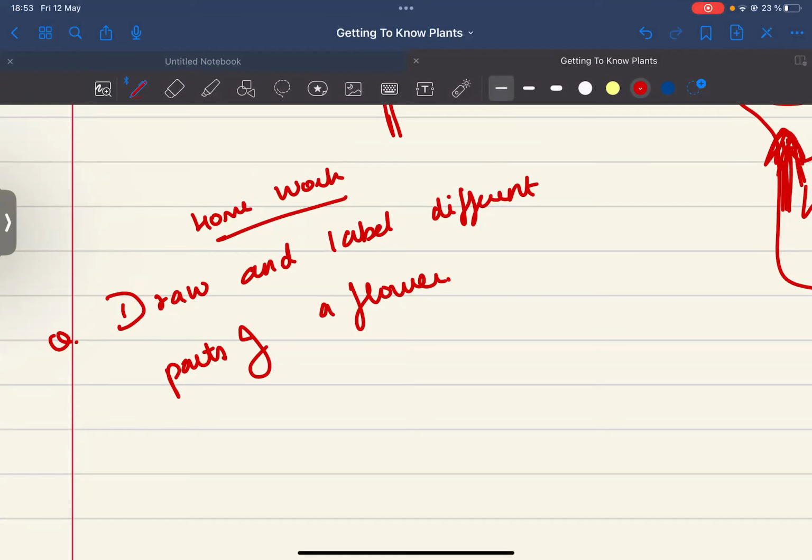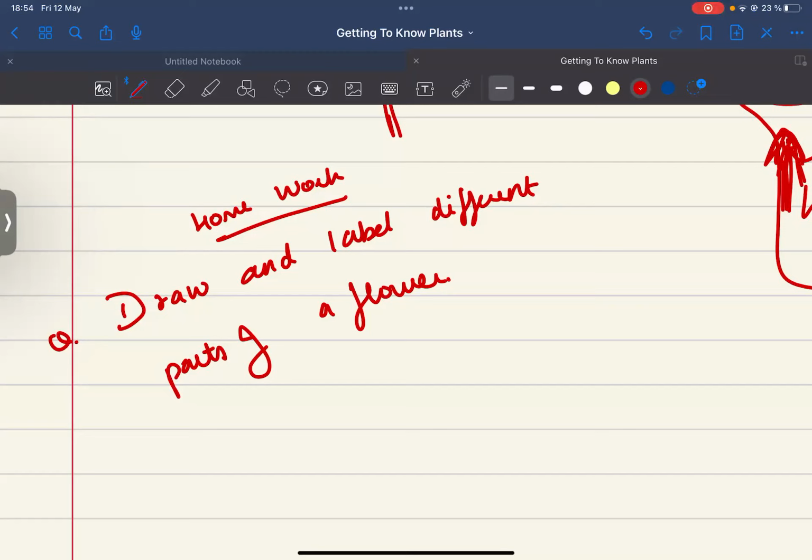Ma'am, I have a doubt. Yeah? Ma'am, why do roots grow outside in the banyan tree? What grows? Roots, in which tree? Banyan.